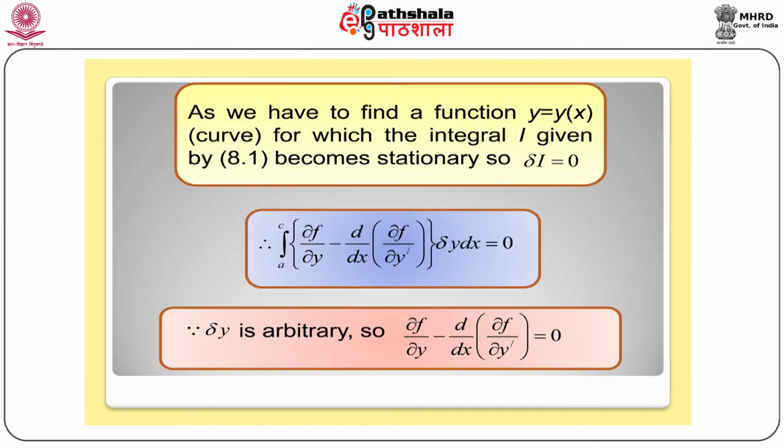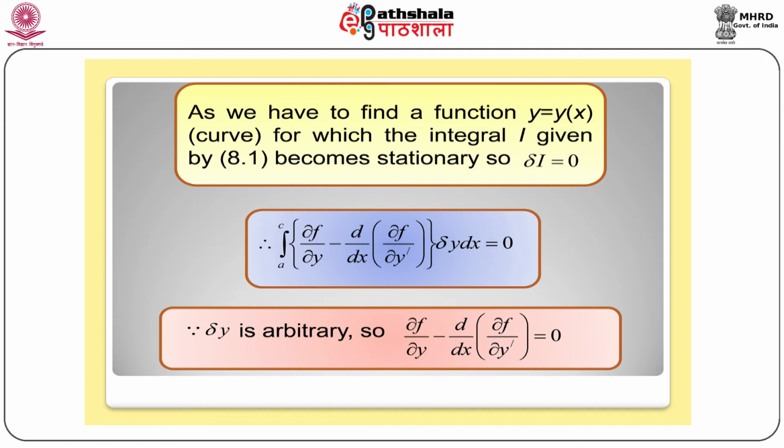Since we have to find a function y which is dependent on x, basically this is a curve for which the integral I given by 8.1 becomes stationary. So, we must have variation of I, that is delta I equal to 0. Thus, we have integration A to C first order partial derivative of f with respect to y minus ddx operated on first order partial derivative of f with respect to y dash, into delta y dx equal to 0.